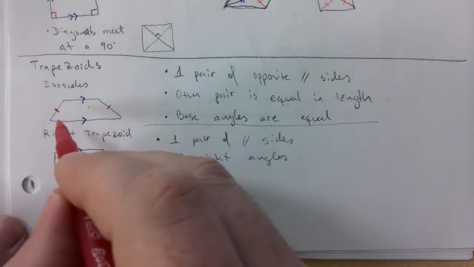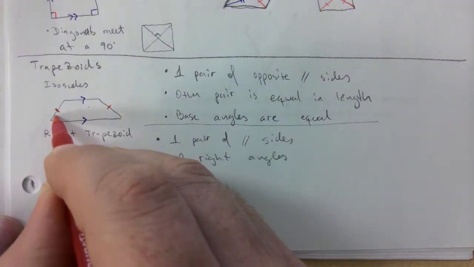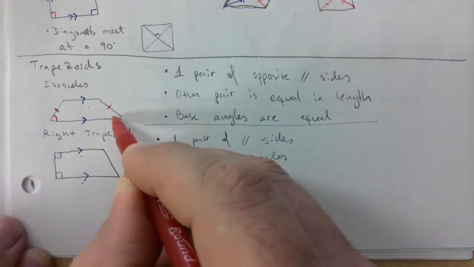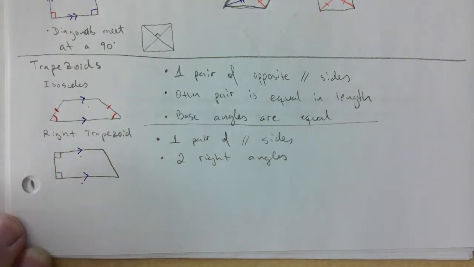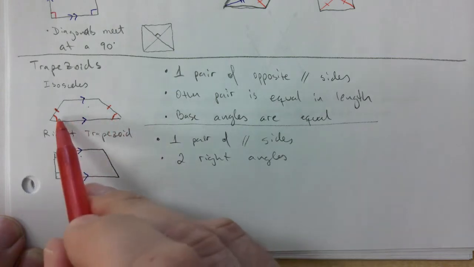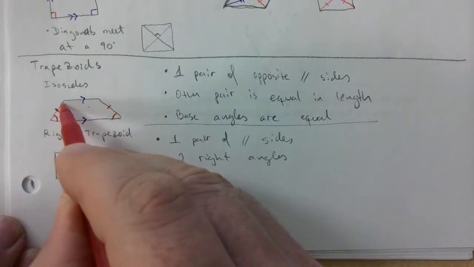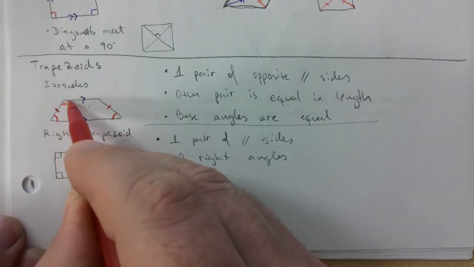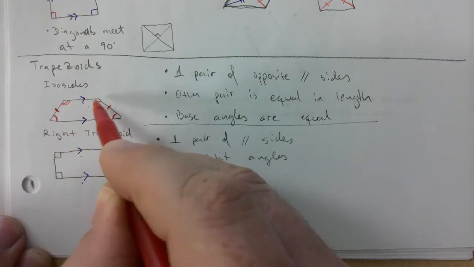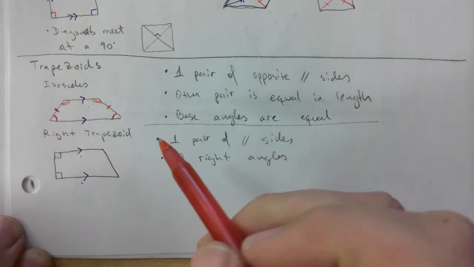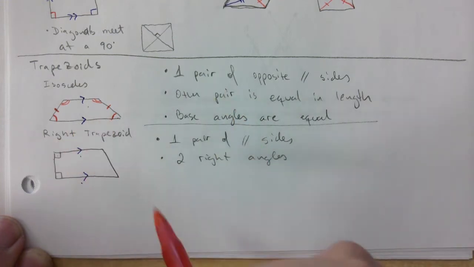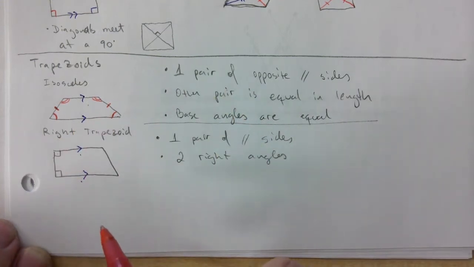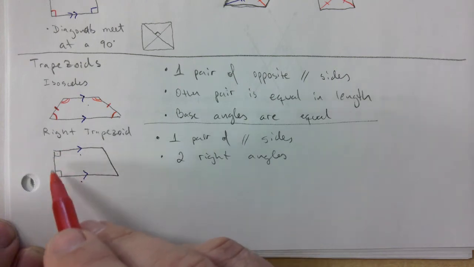And that the base angles, so this one here, is going to be the same as this one here. And technically by that logic, these two are also going to be the same. So angle, angle. I don't write down all the properties next to it. You just kind of have to recognize it by the diagram. And here you have the two 90s that make it very unique, right?